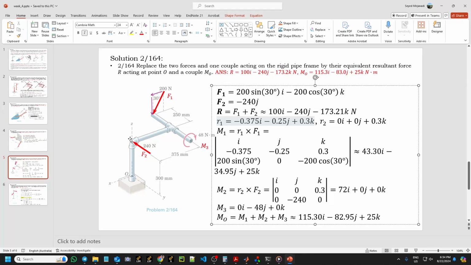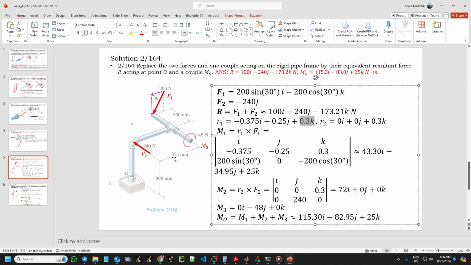So it will be 0.3 K. And now we will go this way. How much is this length? 375 millimeter. I will divide this number by 1000 because we want the answer in meter.